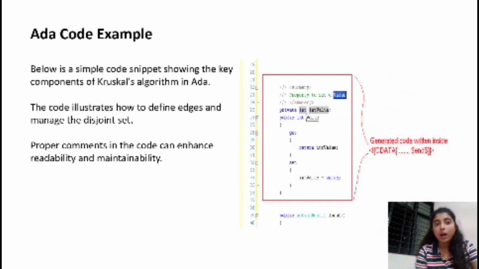Ada code example. Below is a simple code snippet showing the key components of Kruskal algorithm in Ada. The code illustrates how to define edges and manage the disjoint set. Proper comments in the code enhance readability and maintainability.